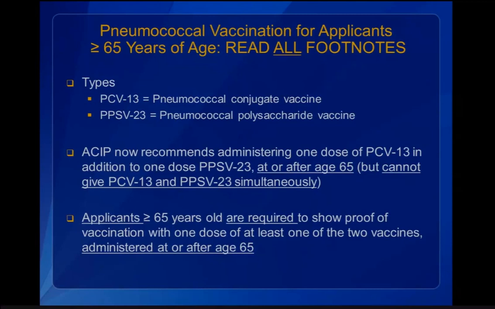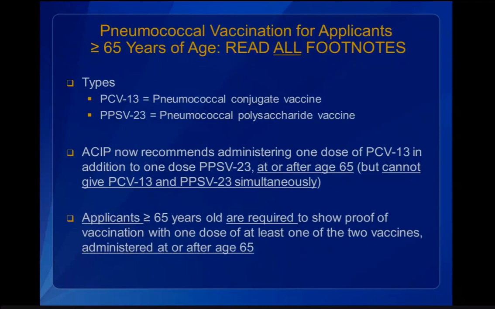But then in 2015, ACIP felt they needed to also include the pneumococcal conjugate vaccine, which, as you know, is given to children. What this comes down to is they recommend administering 1 dose of PCV13 in addition to 1 dose of the polysaccharide vaccine at or after 65, but you can't give these 2 vaccines simultaneously.